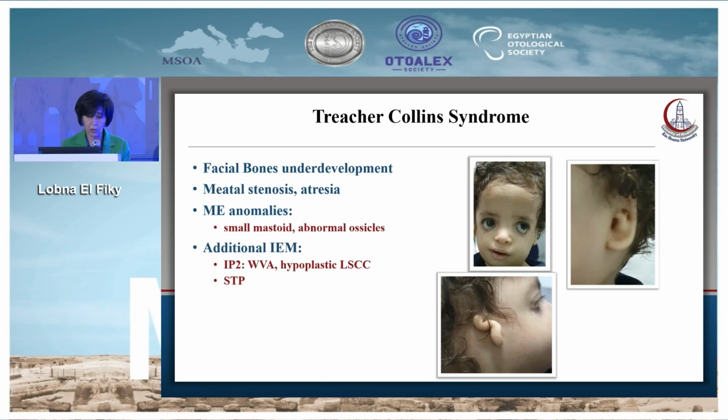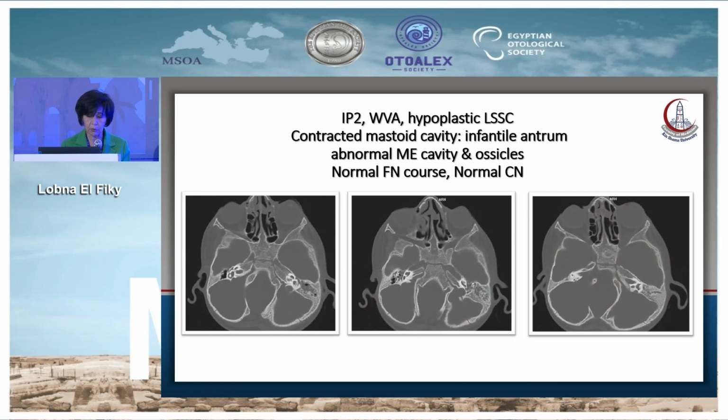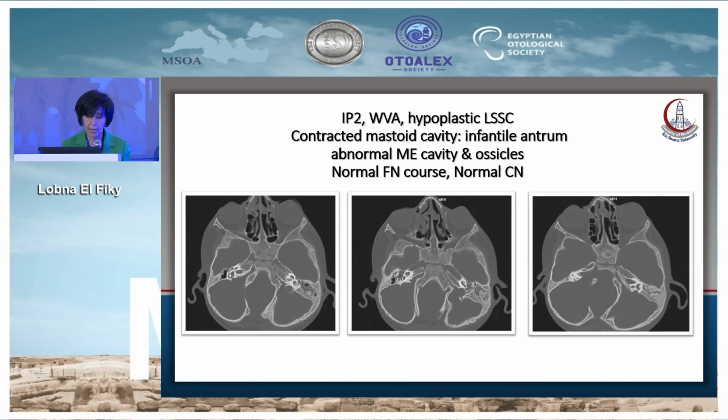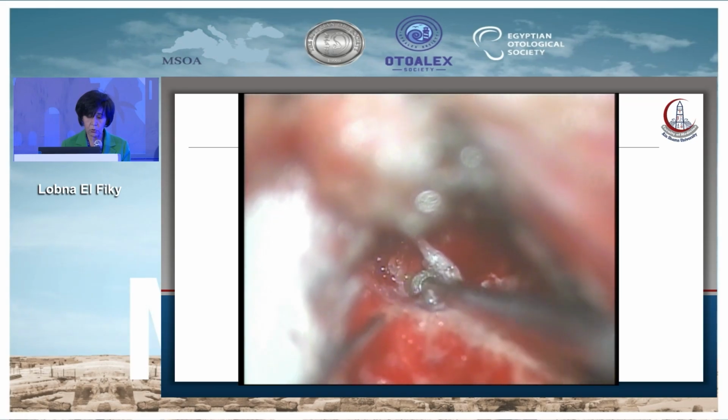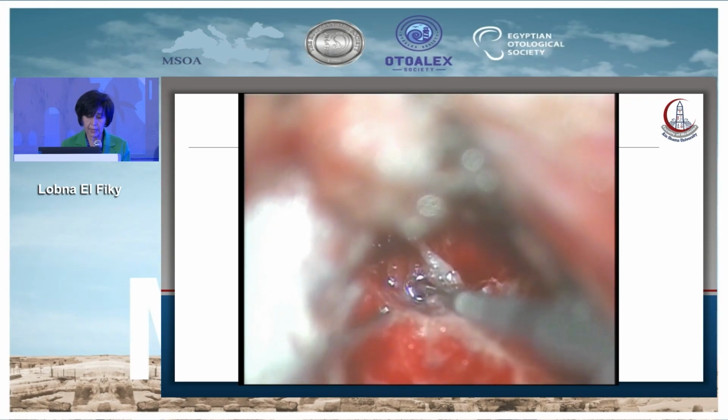Regarding Treacher Collins, basically they present with external ear and middle ear anomaly. Very rarely they present with bilateral profound hearing loss. And of course, we should abide by the middle ear anomaly. In this case, it has an IP2, as we said, it's the commonest, but with a normal facial nerve course and abnormal middle ear cavity.